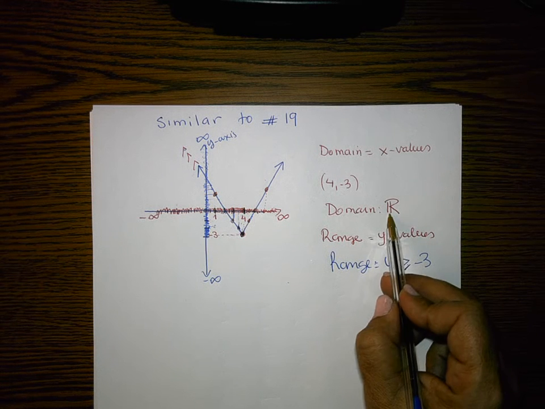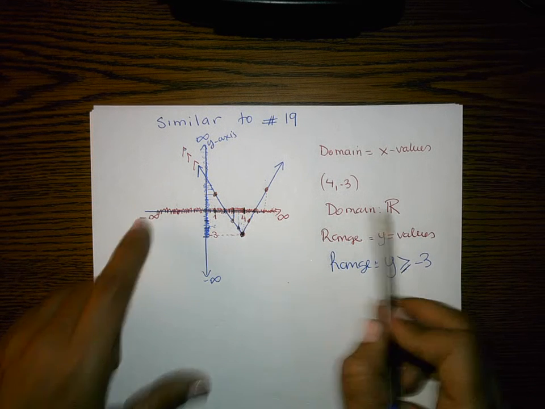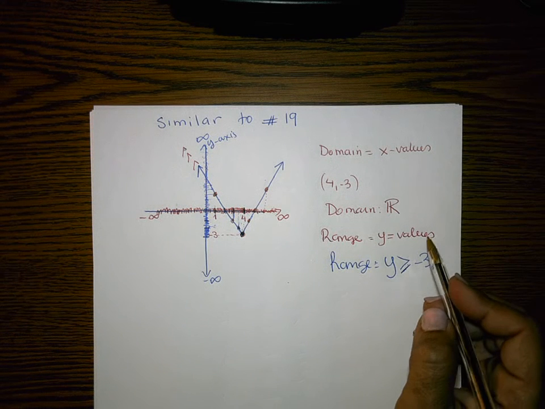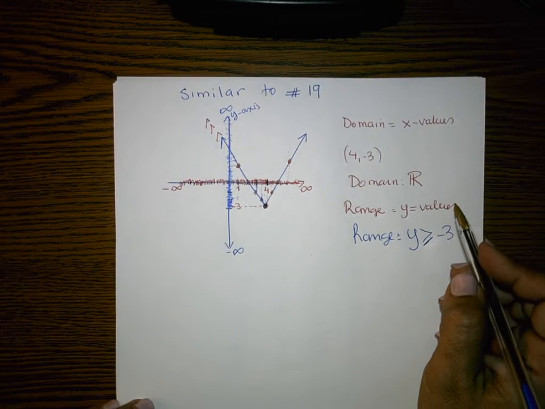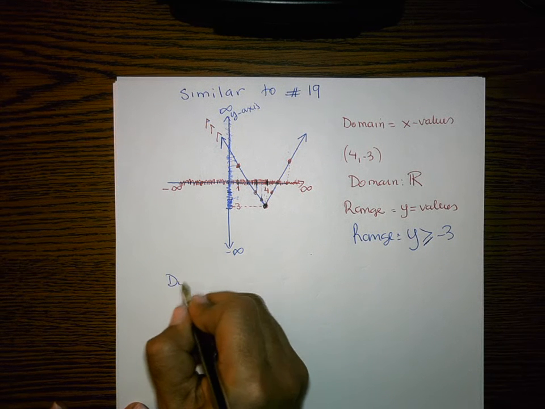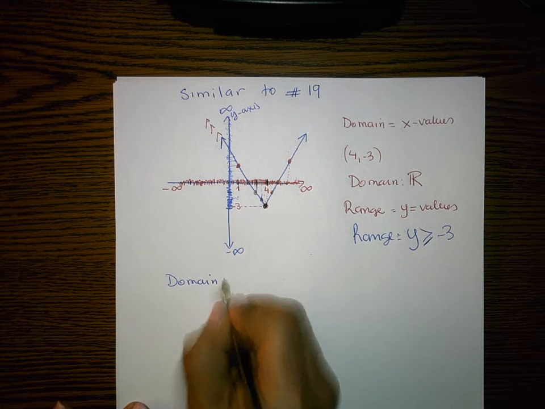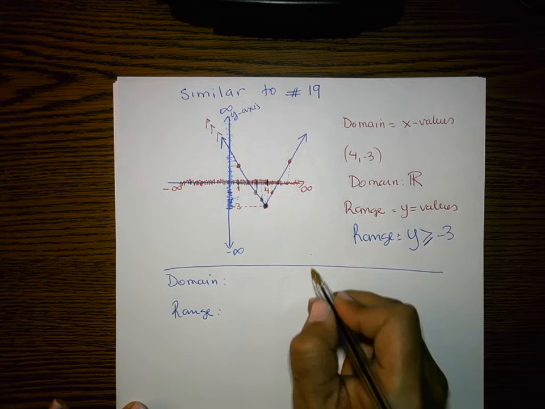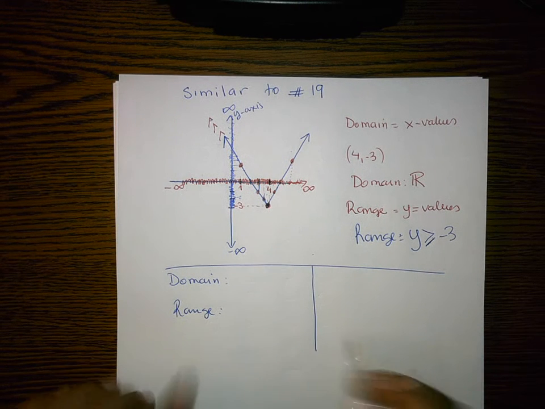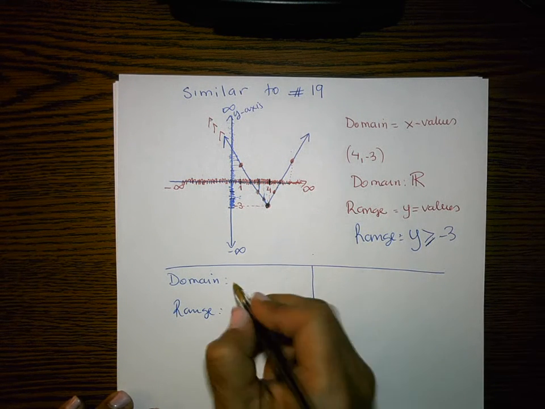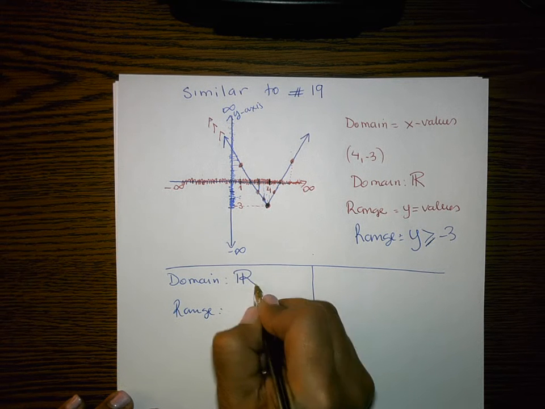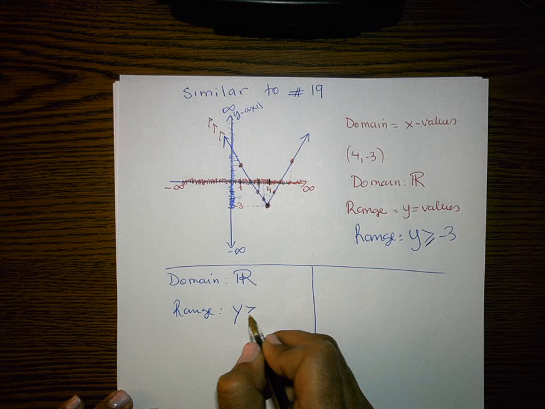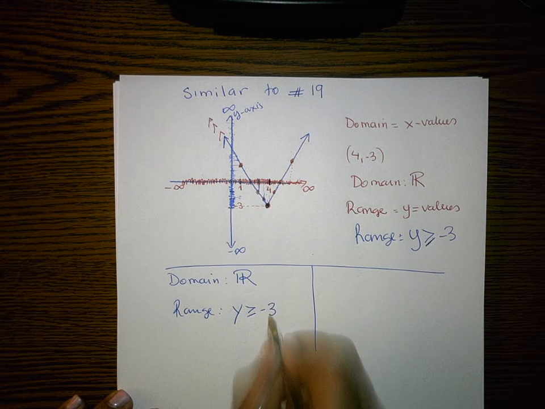Here on the domain, all of them are included, so I just say all of the real numbers, okay? So let's do it in both ways here, the domain and the range. Let's do it in inequality notation, what we just did over here, all real numbers and all the y values that are greater or equal to -3.